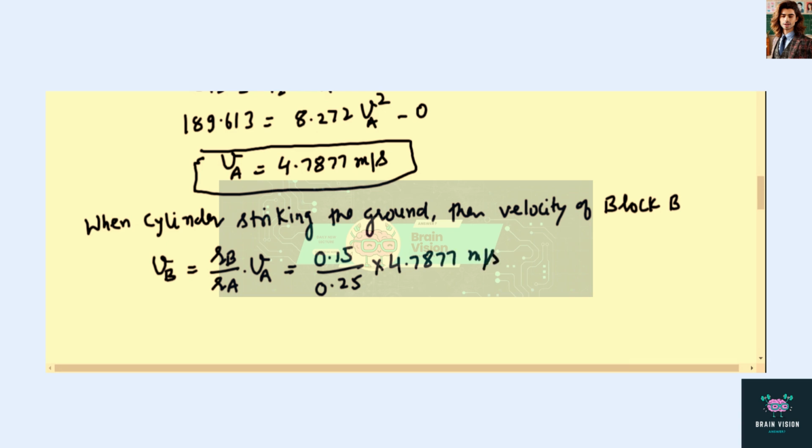So it would be 2.8726 meter per second, and angular velocity of the pulley will be Va upon Ra.